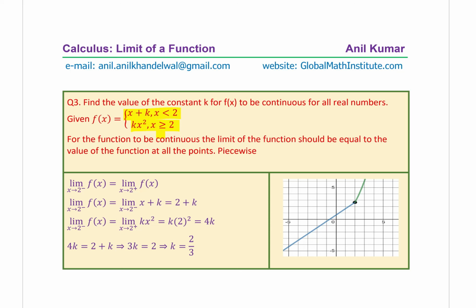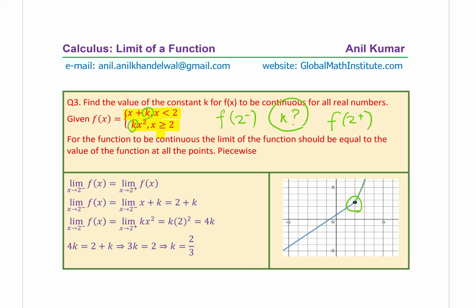So what should you do? Basically, you find the value of the function at 2 approaching from the left side. Find the value of the function at 2 approaching from the right side. So we did that, right? Now, we have a parameter k. So we have to now figure out what value of k matches. So find k, then you find the value of k so that it matches. So these are the steps to be followed.